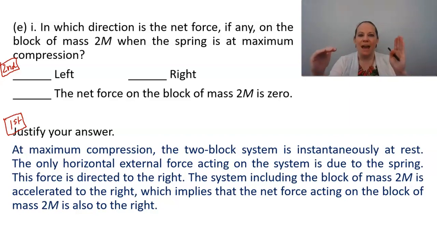This is both as the blocks are moving the spring and compressing it, the spring's pushing back to the right, and then at that moment of rest, we're still being accelerated to the right. We still have a rate of change of velocity. And so with the system being accelerated to the right, that implies the net force acting on the block of mass 2m is also to the right. So we will check that.